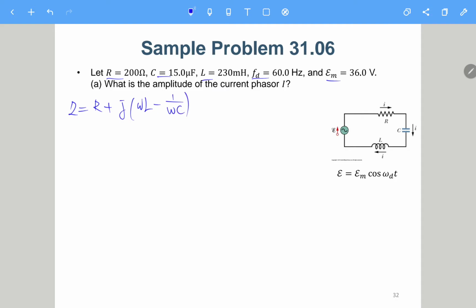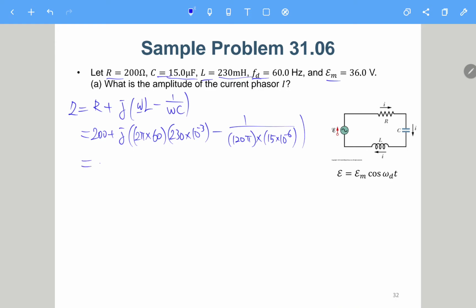Then you can just plug in the values. R is 200, plus, and then omega. This is omega rather than f, so it should be 2 pi times 60, which is 120 pi. And then L is 230 times 10 to the minus third power, and then minus 1 over 120 pi times C, which is 15 times 10 to the minus 6.